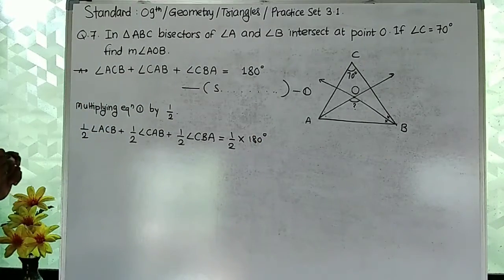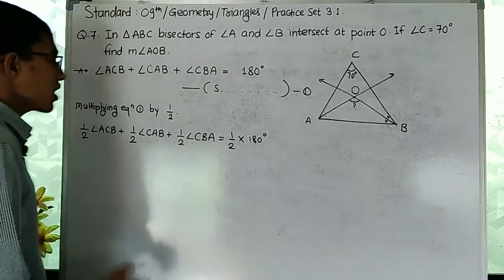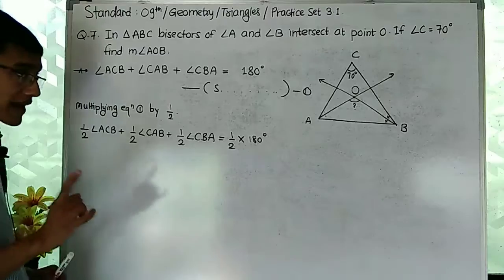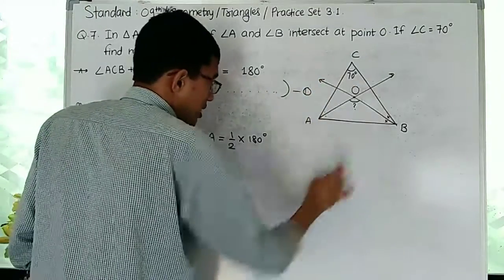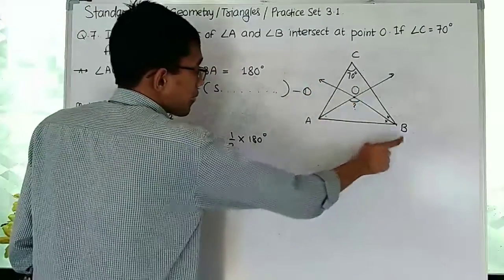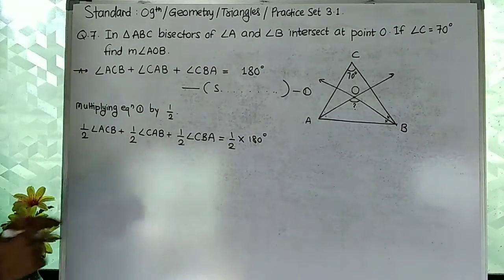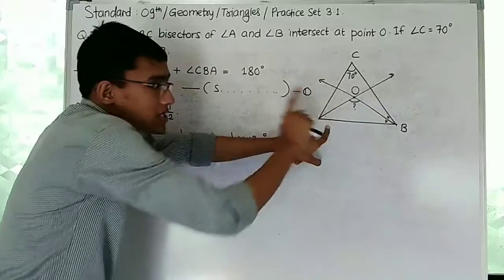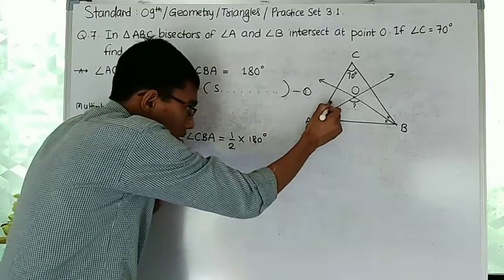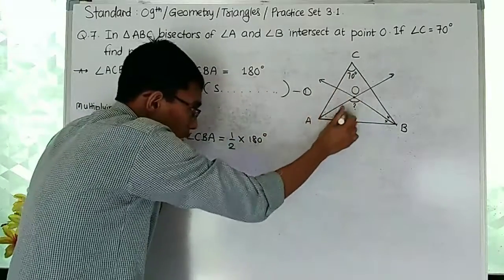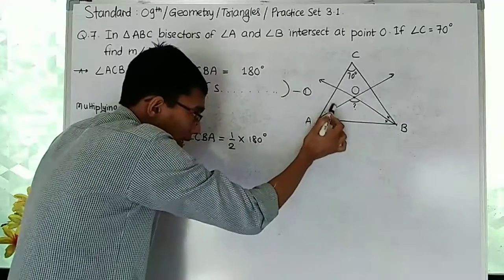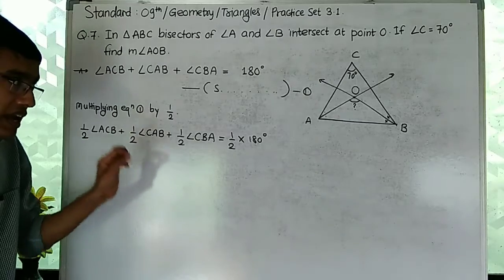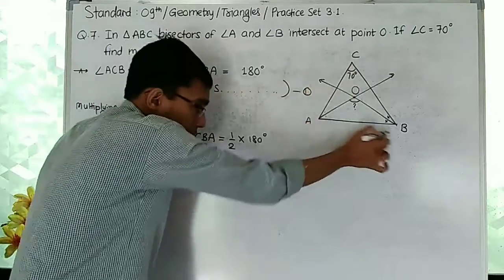Now half of angle CAB is nothing but angle OAB. This angle CAB is bisected, that means angle CAO and angle OAB are both equal to each other. As they are equal, they are definitely half of angle CAB.